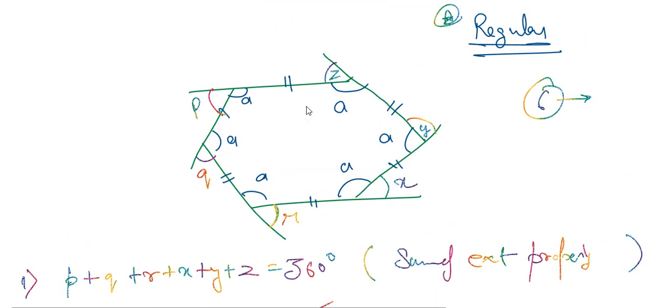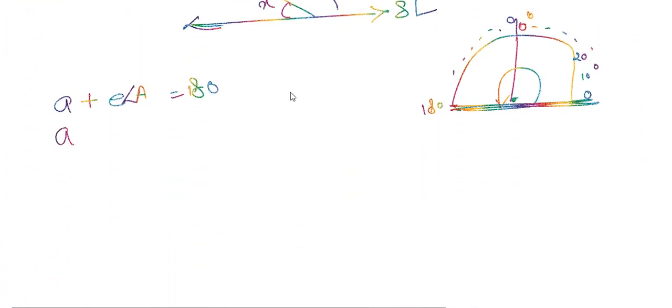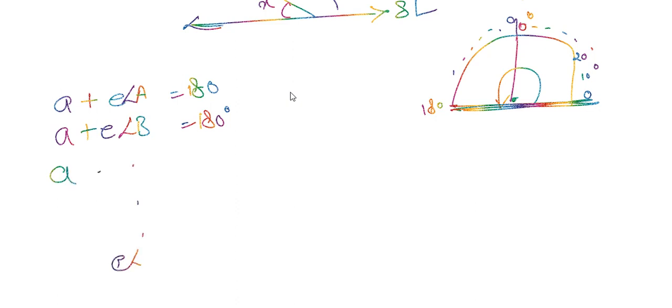Let me mark the vertices as A, B, C, D, E and F. The exterior of A is angle Z. Similarly we can write for all of these: A plus exterior of angle B is 180 degrees, and the same all the way up to F, where F plus its exterior angle is also 180 degrees.